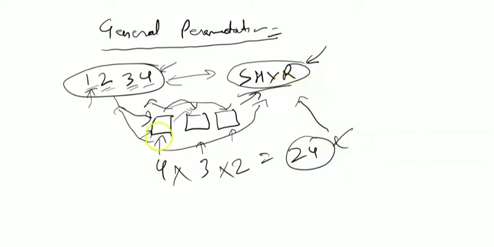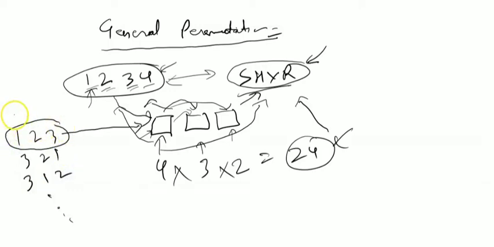These permutations would include numbers like 1, 2, 3, 3, 2, 1, 3, 1, 2. But one thing you can observe in these selected choices is that in the first case there is 1, 2, 3, and in the second case the same numbers are rearranged in a different order.